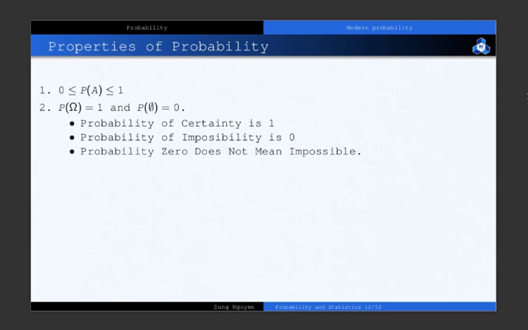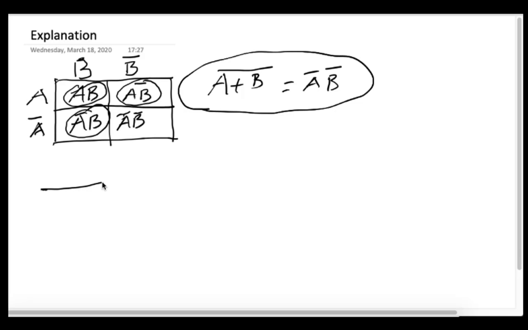The probability of the empty set is 0, which means that the probability of certainty is 1, and the probability of impossibility is 0. However, the probability 0 does not mean impossible. What does that mean? I'm going to give you an example. We have an interval, like from 0 to 1, all right?